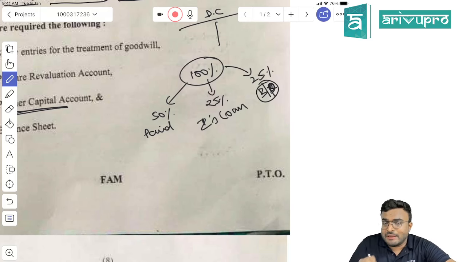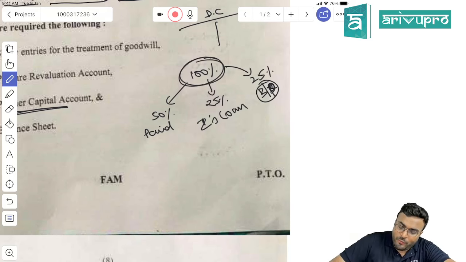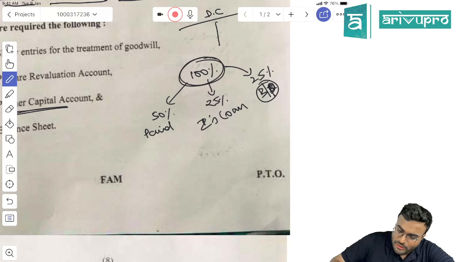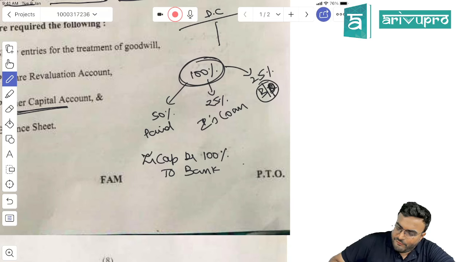So basically, in this case, understand whatever balancing figure you get in Z's account, you will do it like this. Z's capital account debited, imagine 100%. To bank account 50%. 50% is going to be paid. To Z's loan 25%.